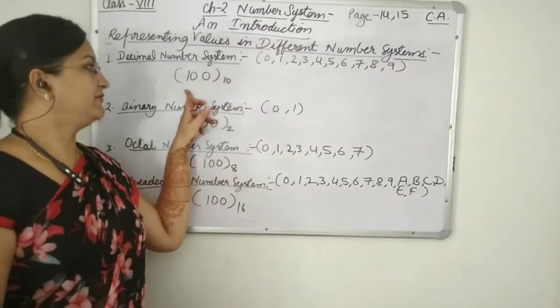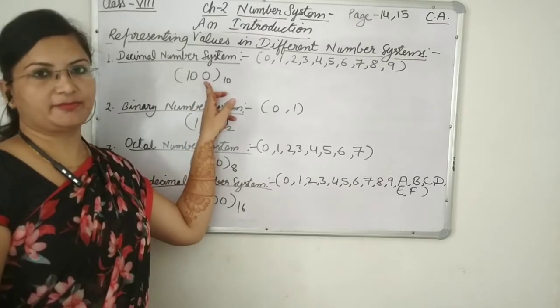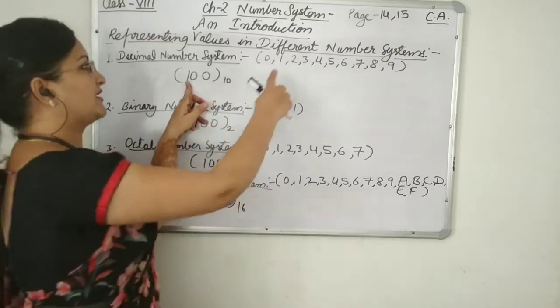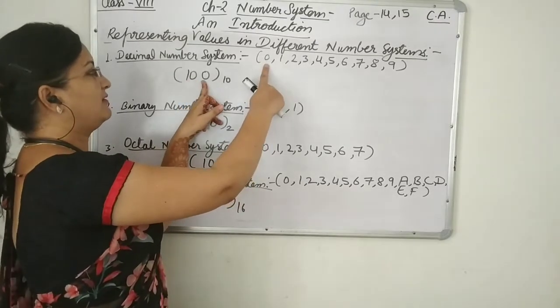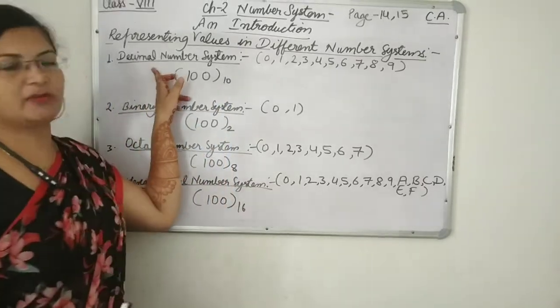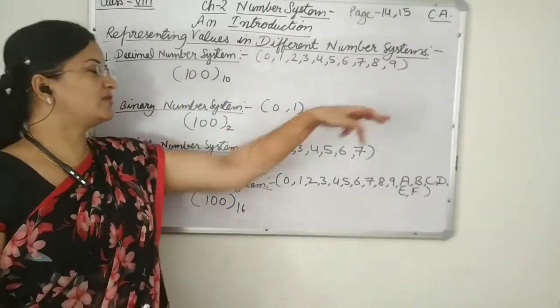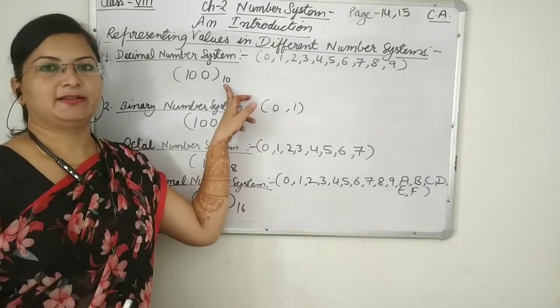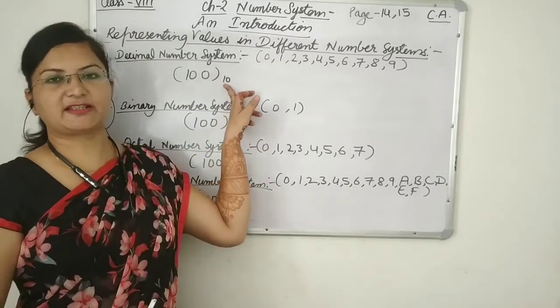Students, if we write 100 in the decimal number system, all 3 digits in 100 are valid, because 1 you can see is here, 0 also here, again 0. So these 3 symbols are there in the decimal number system, and we have to write base 10. So this is the example of the decimal number system.